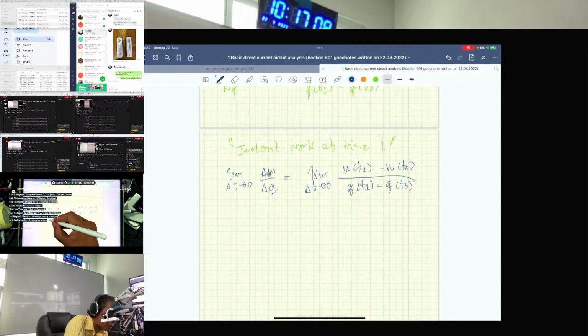So that amount is called dW as a function of Q by dQ.